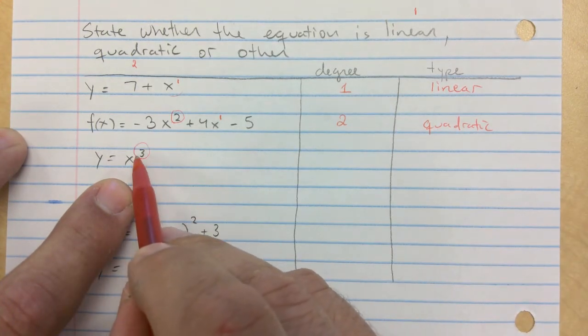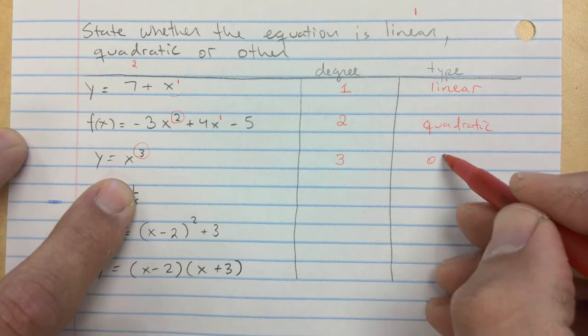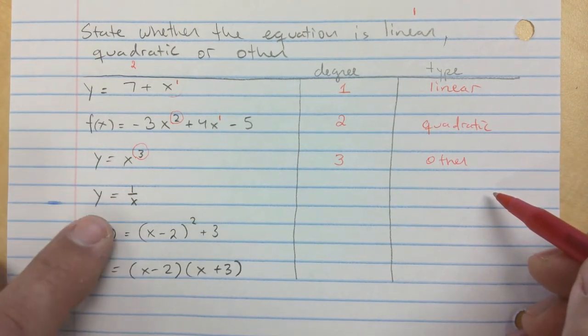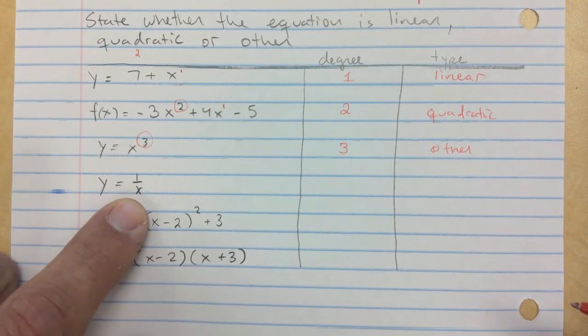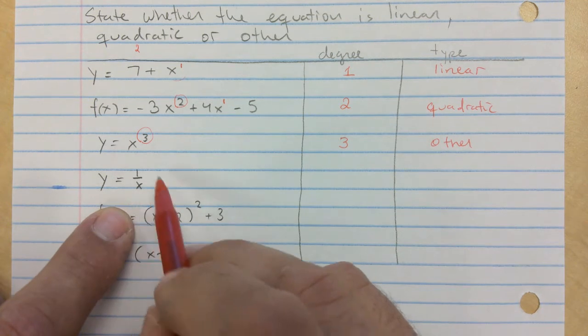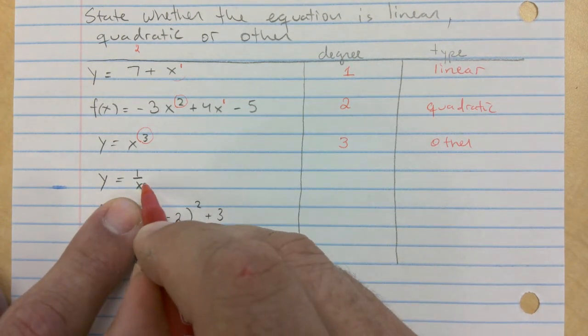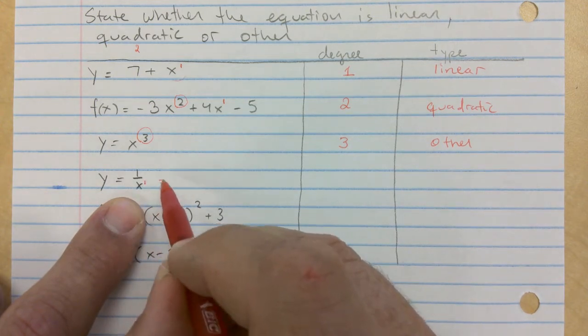X to the power of 3, the degree is 3, and we'll just call this other, even though it is actually called a cubic function. Okay. What's the degree of this equation? Technically it's 1, right? But do you remember, oh, this is IPR, you're going to love this.